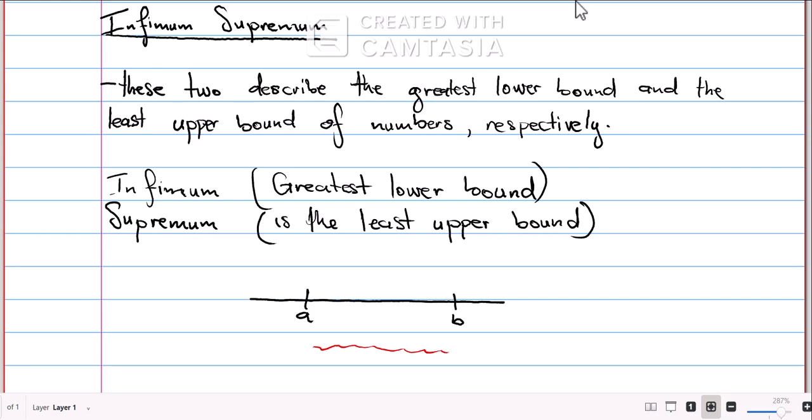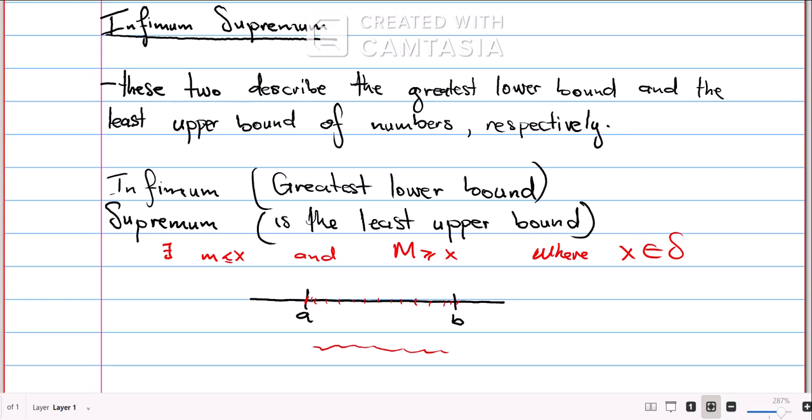So we know that when they exist, the small letter m is less or equal to x, and the capital letter M is greater or equal to x, where x is the element of S. Okay, so these are all values of x.